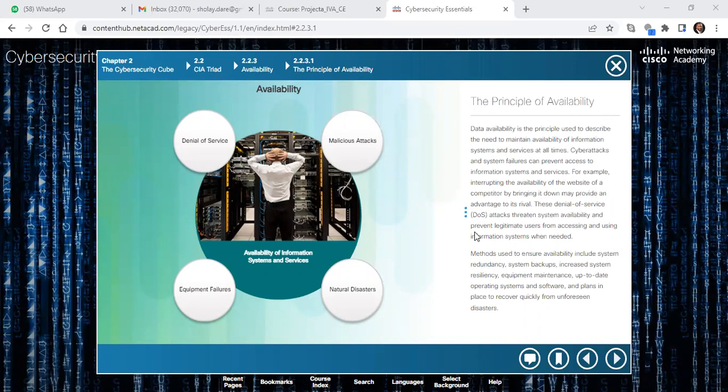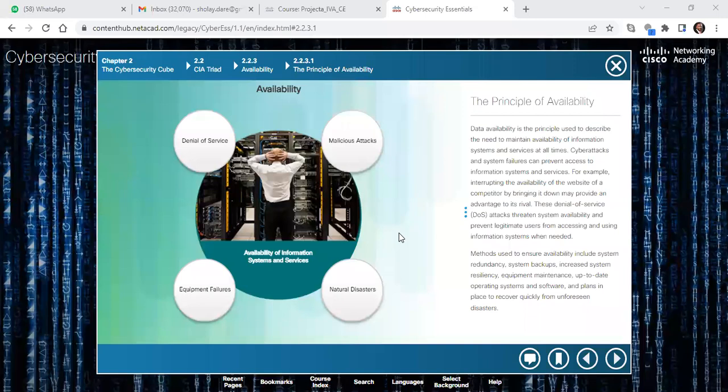For example, interrupting the availability of the website of a competitor by bringing it down may provide an advantage to its rival. This denial of service, which is called DoS, attack threatens system availability and prevents legitimate users from accessing and using information systems when needed.